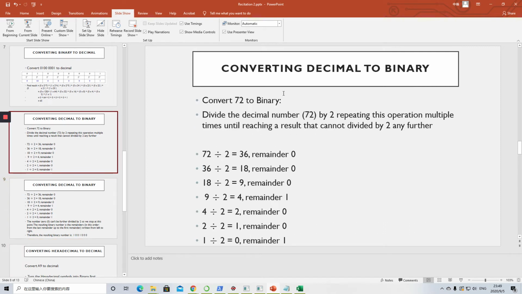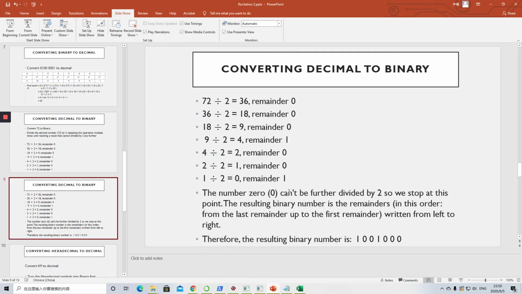If we want to convert decimal to binary, we divide by 2 and collect the remainders, but we read them from the bottom to the top, instead of from the top to the bottom.